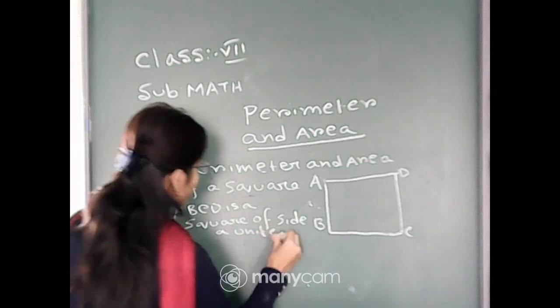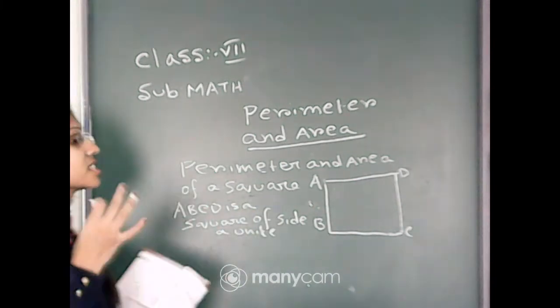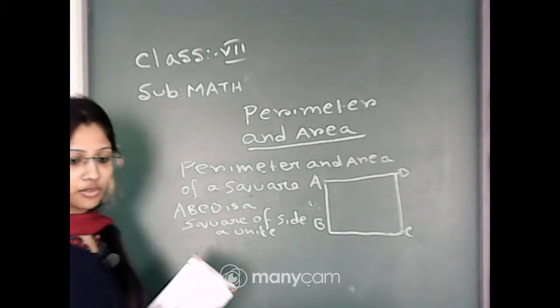Therefore, perimeter of the square is the sum of all its sides.